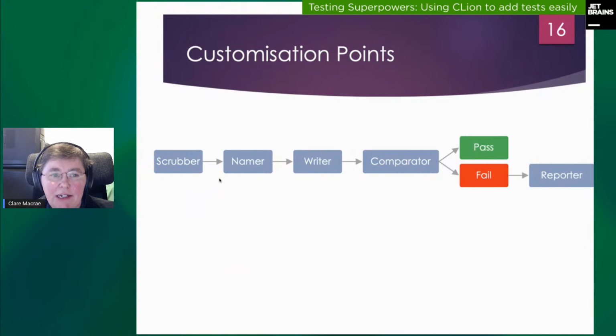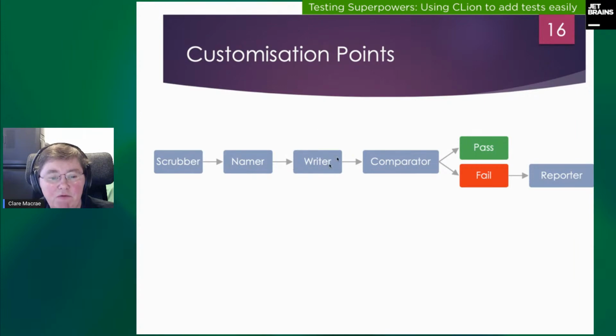Not going to talk about this in any detail, but these are the customization points. You have control over how output is scrubbed, or sanitized, if you need that. You have control over how the output files are named. So if you don't like the received and approved files going in the same directory, you can put them in parallel directories, a received folder and an approved folder, for example.